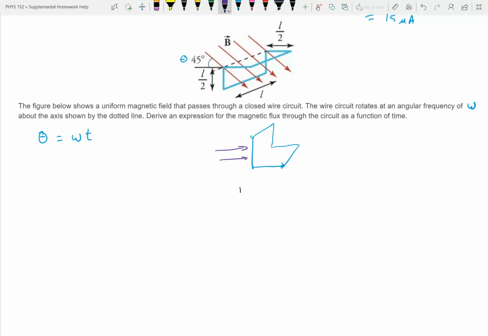Then the magnetic flux is equal to the magnetic field strength B times the area of the upper one, which is going to be L times L over 2, right? L over 2 is this dimension, and L is this dimension. So the area is L squared over 2.